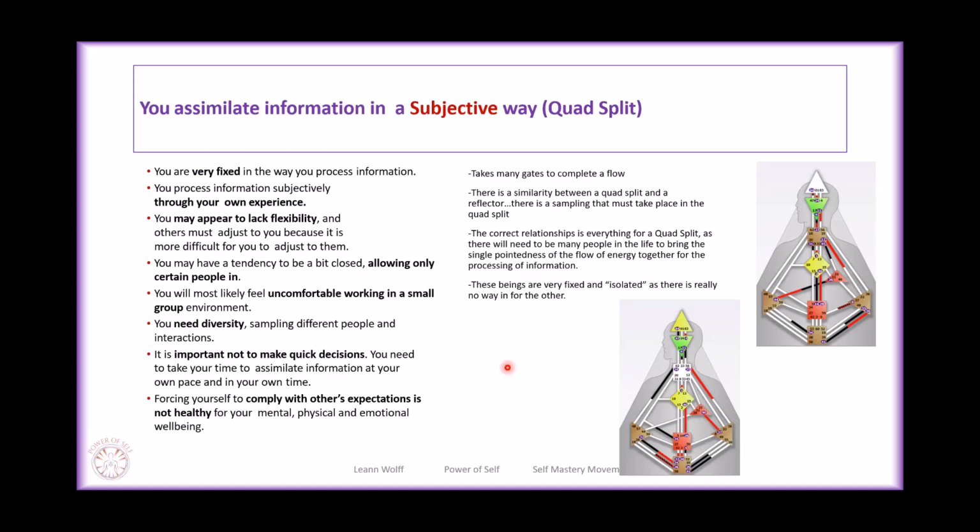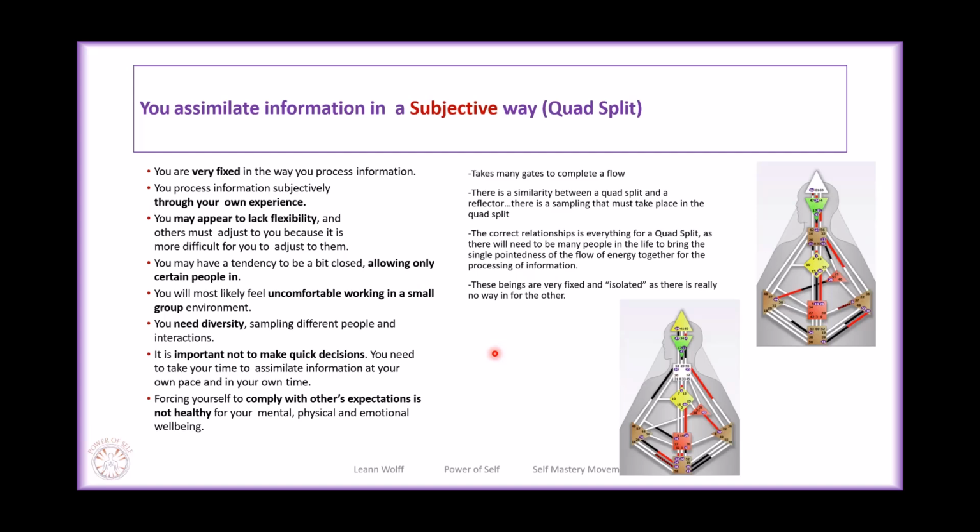So when you are a triple split, quad split, or a split definition, sampling other people is so important. And I mean their energy field. I don't mean you have to walk up to them and say, hey, I want to be in your aura.